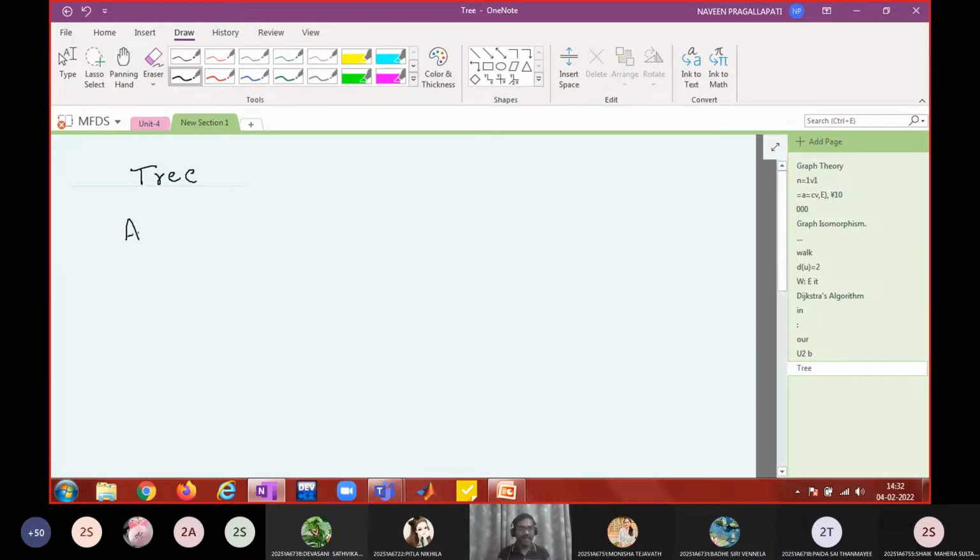So what is acyclic? Acyclic graph means no cycles present in the graph. And what is connected?